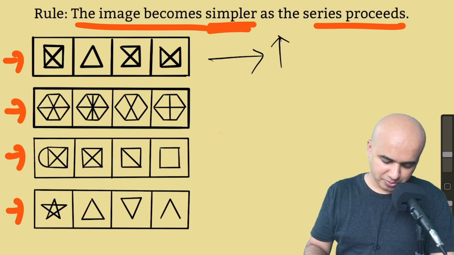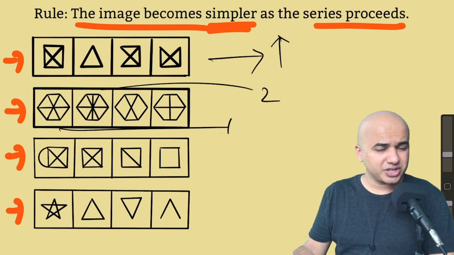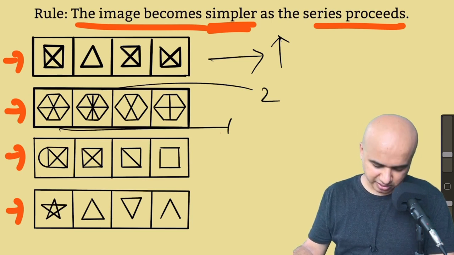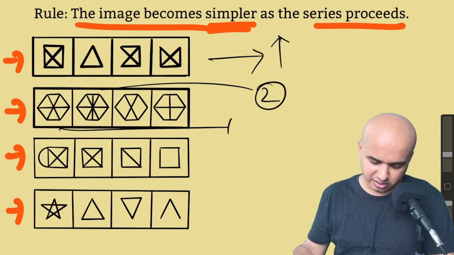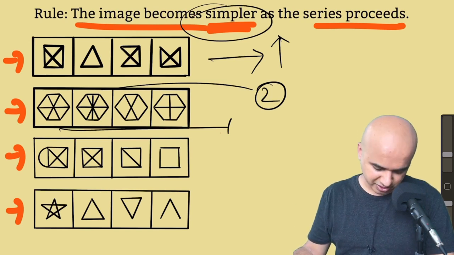Even in case of second option, if you look at the first and second images, this is the first one and this is the second one, do you notice any change there? Is it getting simpler? Obviously not. So it remains the same. In fact, there is one addition as well in the second image. So therefore this also is not fitting this particular rule of series becoming simpler as it proceeds.